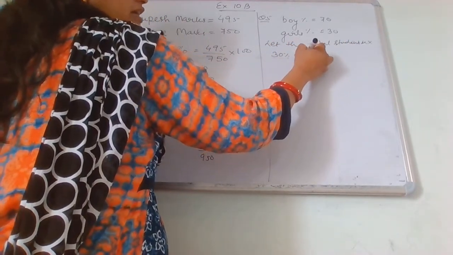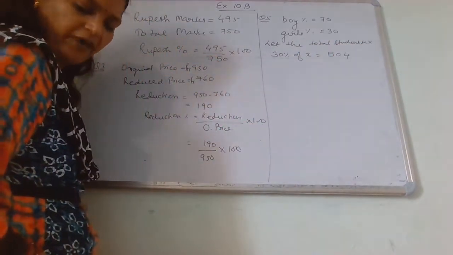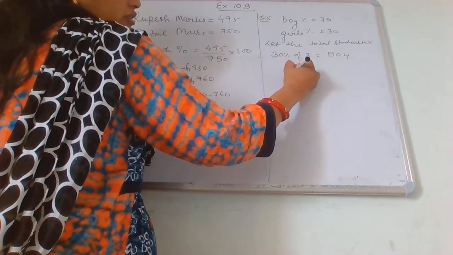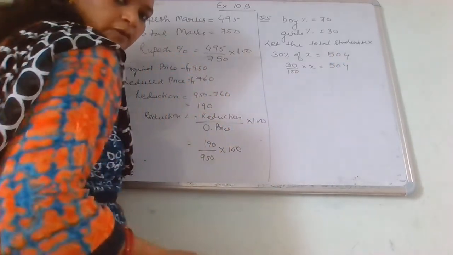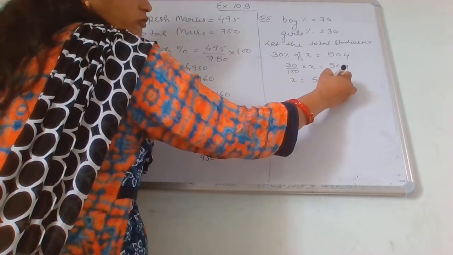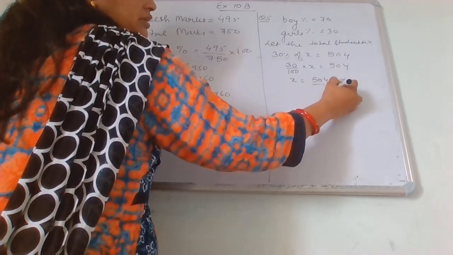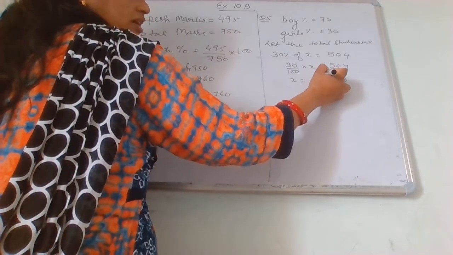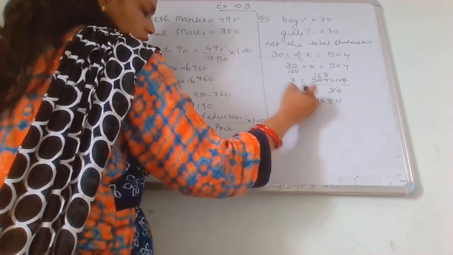30% of X is equal to how much given? Number of girls is given as 504. And then we will solve: 30 by 100 into X is equal to 504. X is equal to 504 into 100 by 30. 3 1s are 3, 3 6s are 18. 1680 is the total number of students.